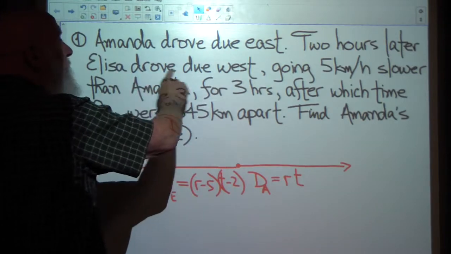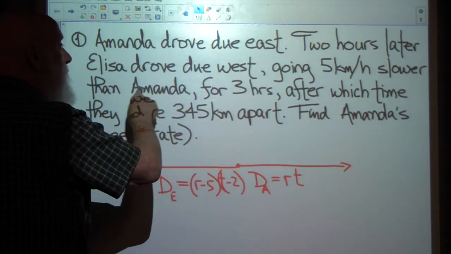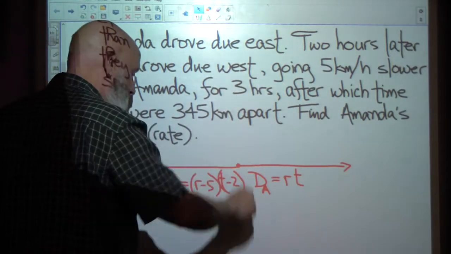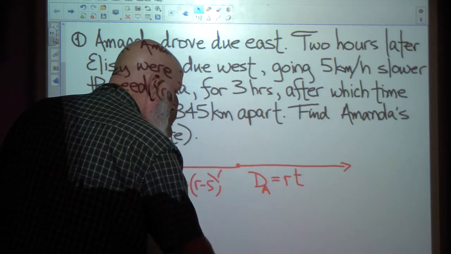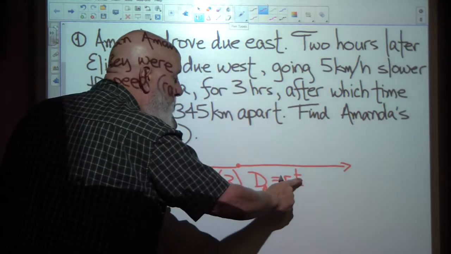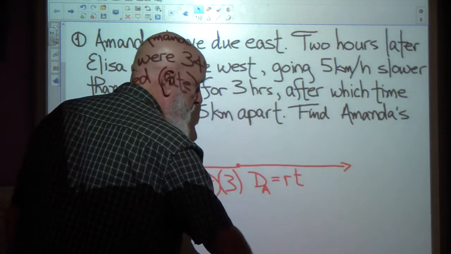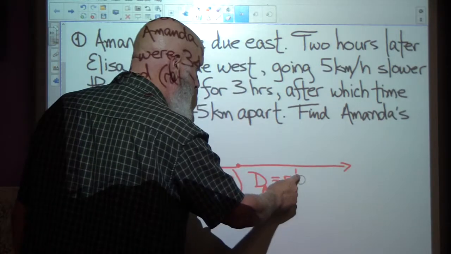2 hours later, Elisa drove due west going 5 kilometers per hour slower than Amanda for 3 hours. That's a good piece of information. This is 3 hours. That's 2 hours less than Amanda, so that would have to be 5 hours. So we're plugging in what we know based on what we're reading.